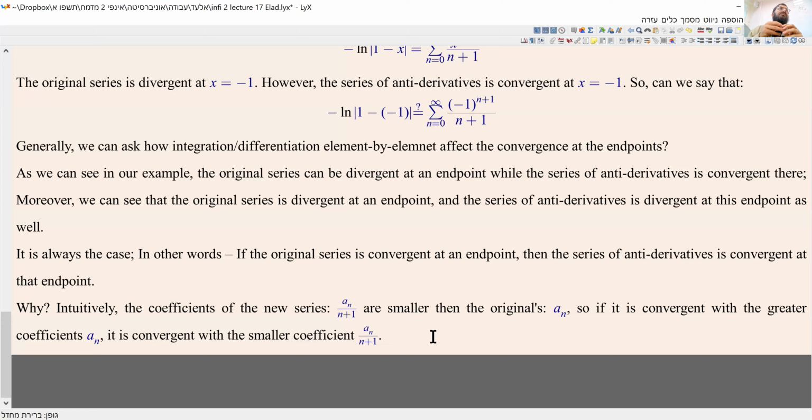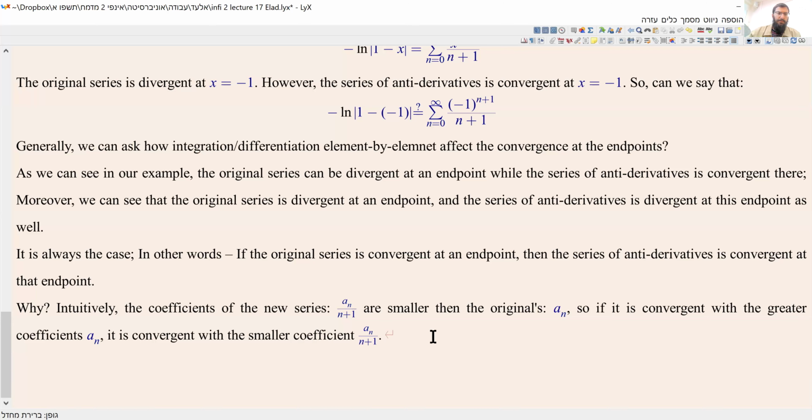So, the opposite. Yeah, well, kind of, yeah. Let's write down for derivatives. It sounds in English and Hebrew like the opposite, but it's not the opposite mathematically speaking.